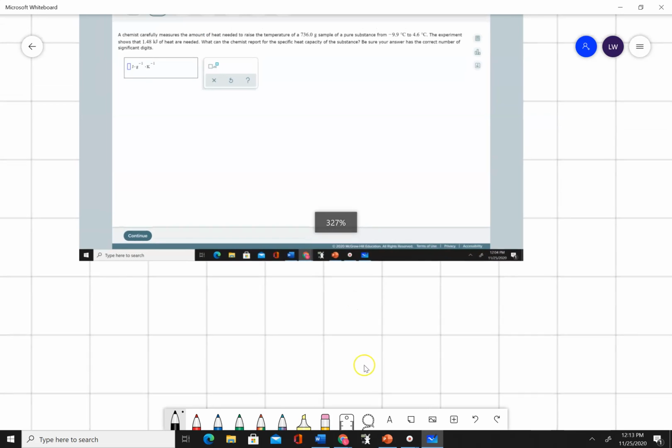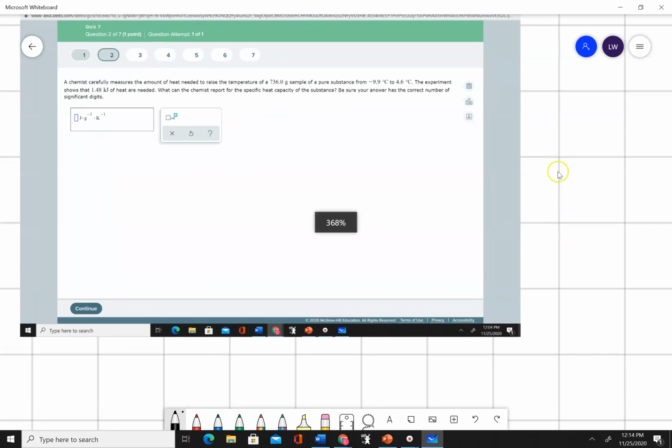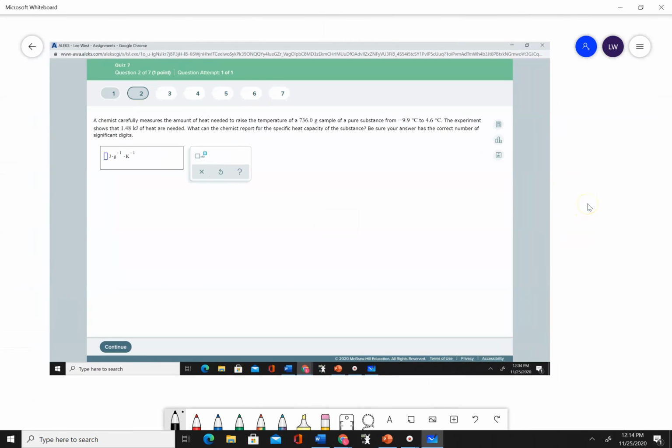Okay, let's have a look at the next one now. A chemist carefully measures the amount of heat, and we normally indicate the amount of heat with the unit Q, to raise the temperature of a 736 gram sample, which we normally indicate with a lowercase m, the mass in grams, 736.0 grams.